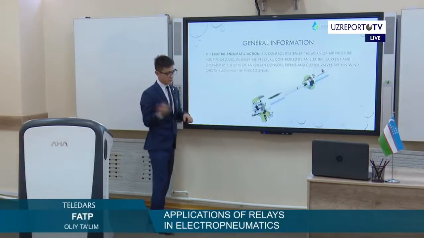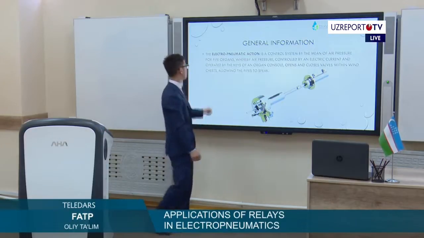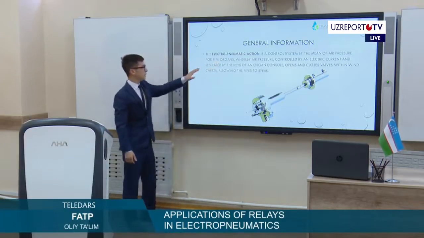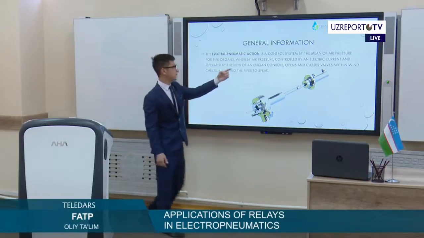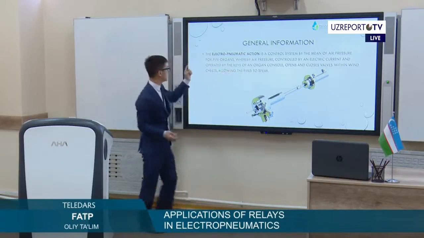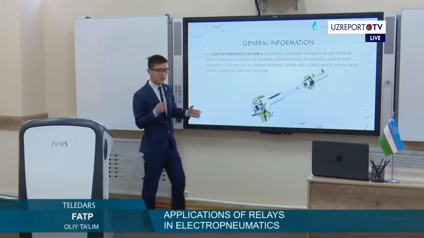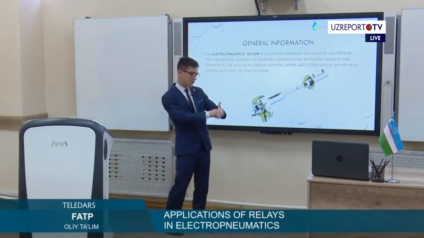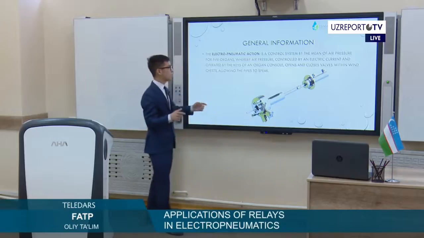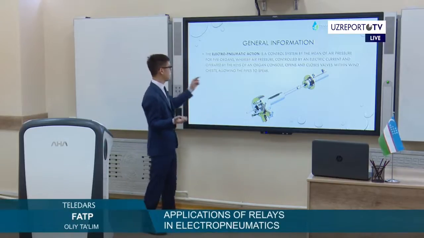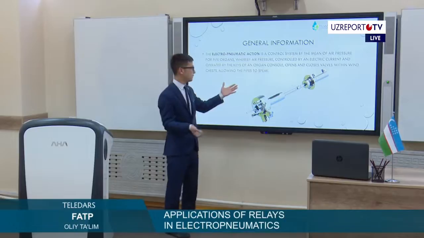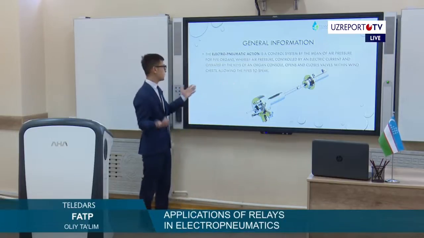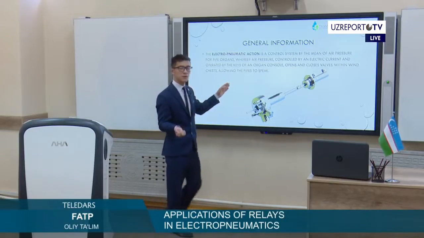Okay, we talked about the relay. Let's talk about electropneumatic actions. It is a control system by means of air pressure, as in pipe organs, where air pressure makes an action and afterwards returns to the start place, according to the electrical current and operation by the keys of the organ console. Valves open and close within wind chests, allowing the pipes to speak.